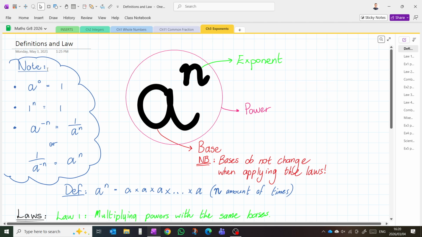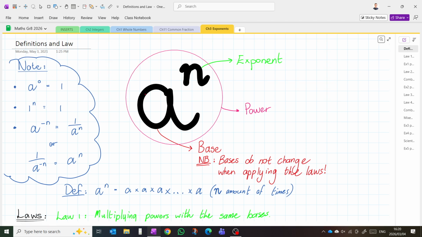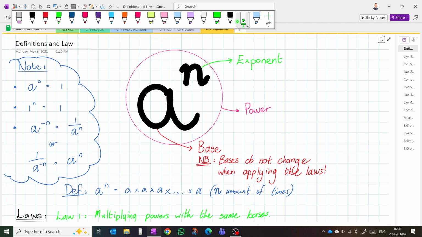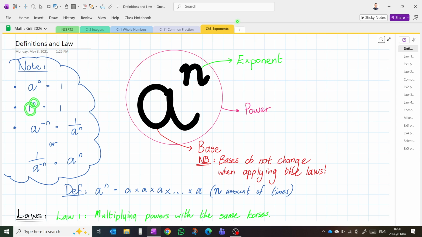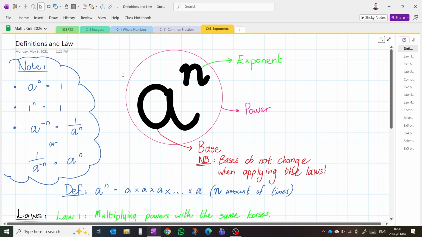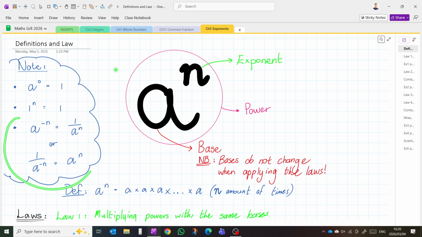These are just special cases to keep in mind, and that's going to be that, again, anything to the power 0 will always equal 1. 1 to the power anything is equal to 1, so I can raise 1 to any exponent, and it will still equal 1. And then these last two are very similar.